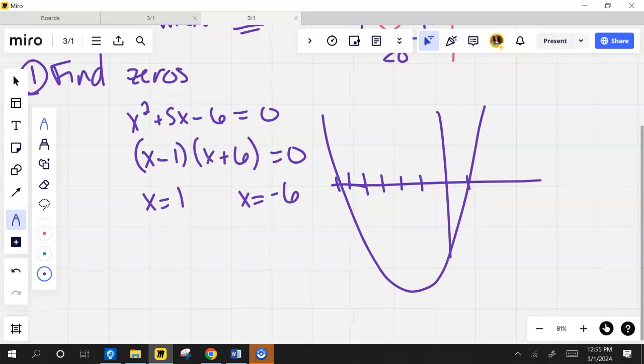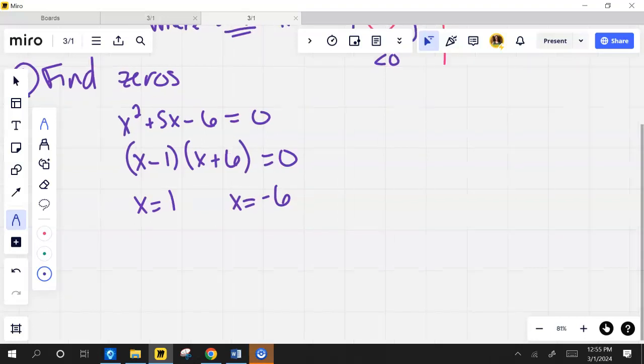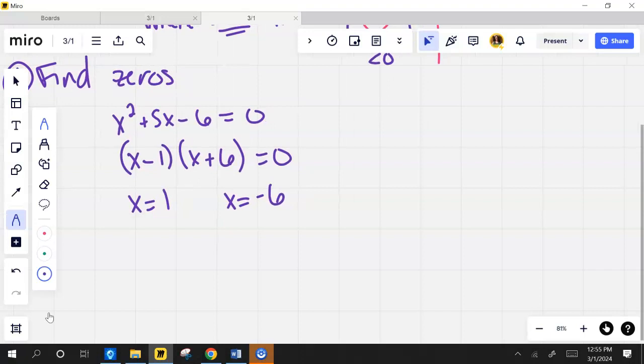So now the question is, what happens on either side? So I've got the graph, but what if I didn't have that graph? What if I just take that away? Algebraically, I want to know where it is positive and where it is negative. So we're going to do what we do in calculus all the time.